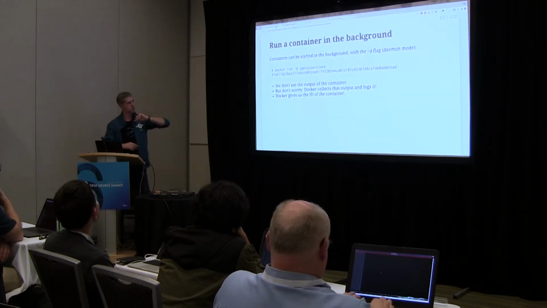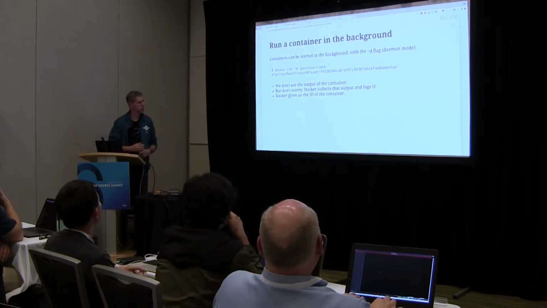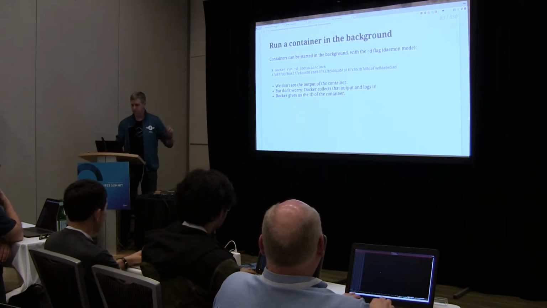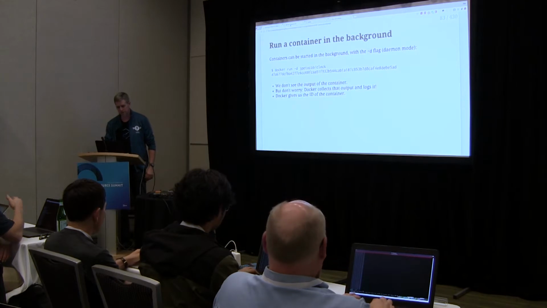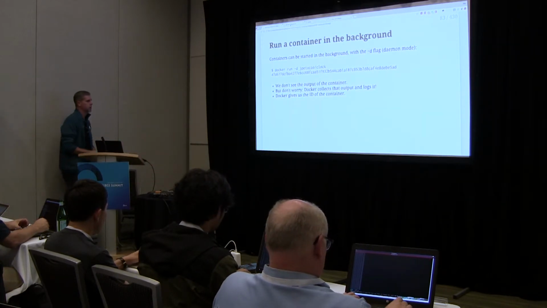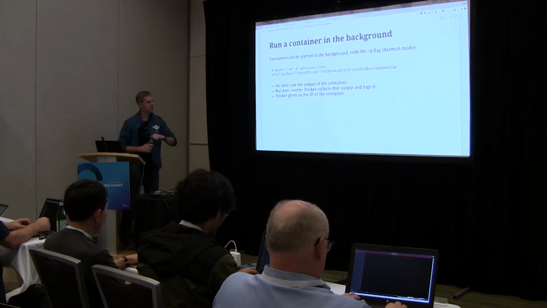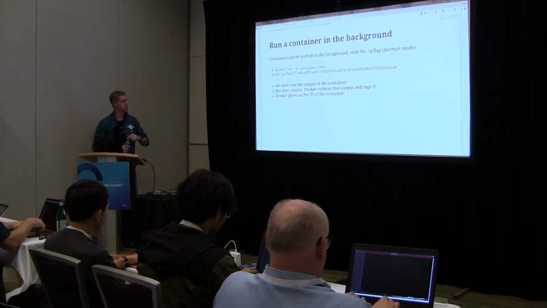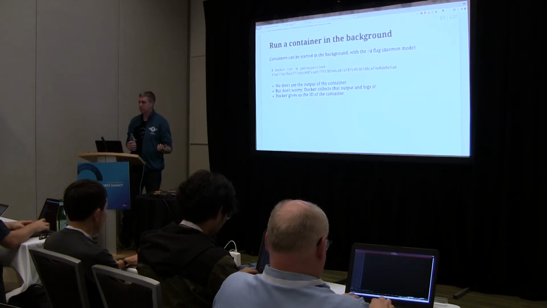Now, this time we're going to actually run his image again, but we're going to run it in the background. And all you should see when we do that is a very long hexadecimal identifier, and that's the ID that Docker gave to this instance of the container. And you won't see the clock output again, because you've started this container in the background.